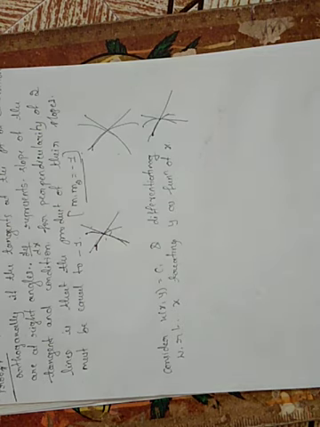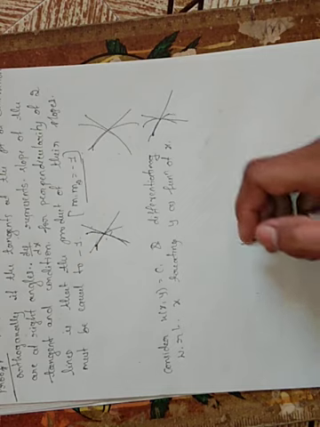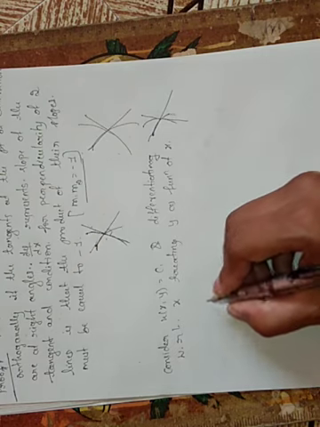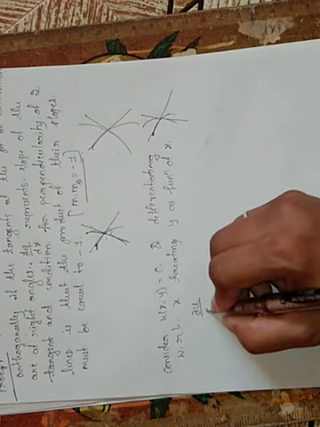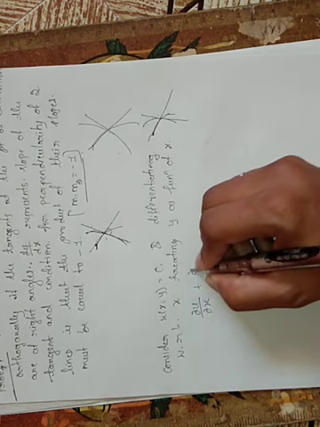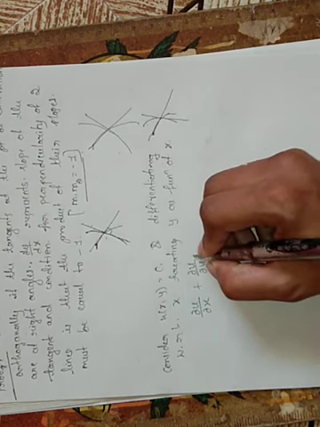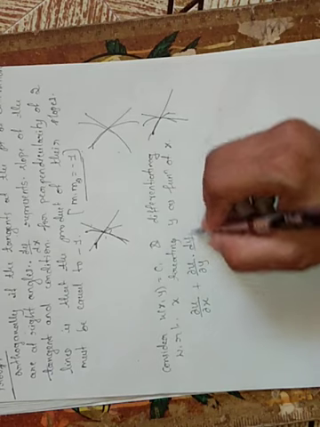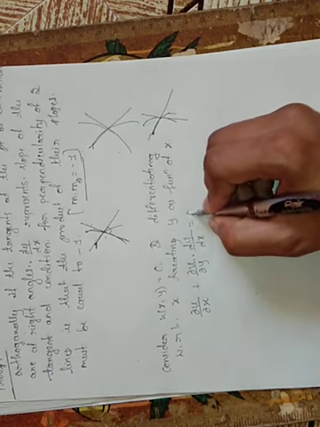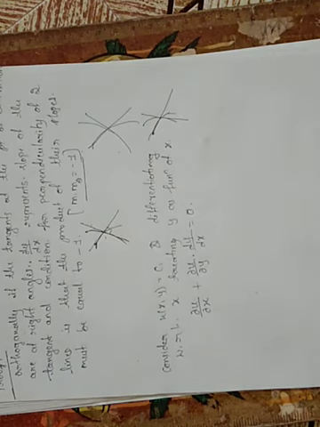To differentiate, we take the derivative of u with respect to x and the derivative of u with respect to y, and since y is a function of x, dy by dx equals 0.